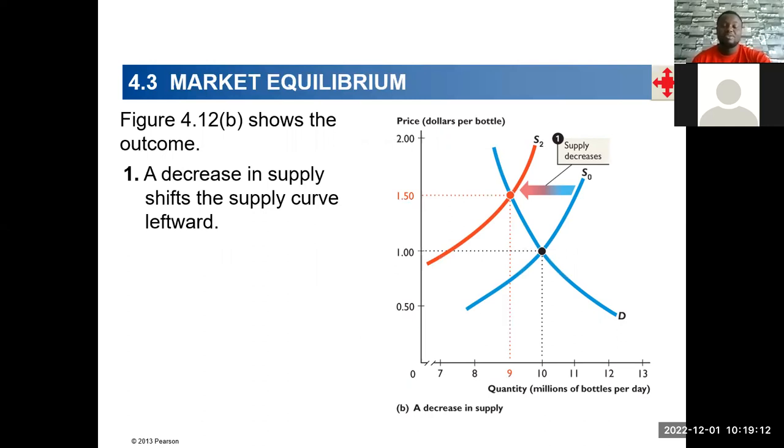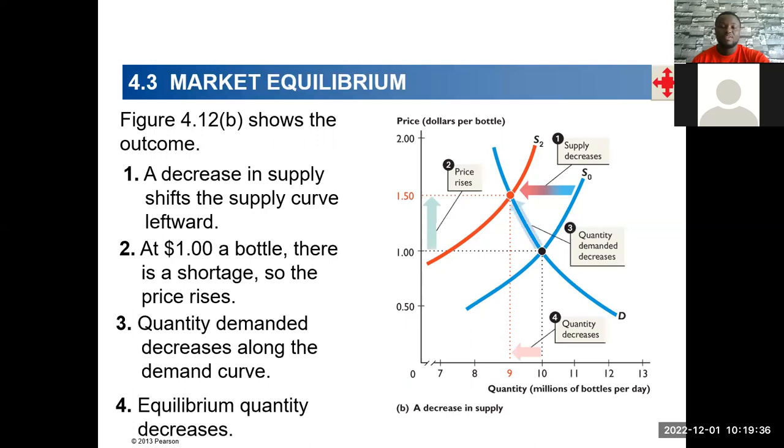We are buying, we are not getting. So price will increase, right? Price increases, and whenever price increases, what do we do? There's a reduction in quantity demanded. So the quantity falls from 10 to what? 9. So here, supply decreases and price increases, but quantity decreases.